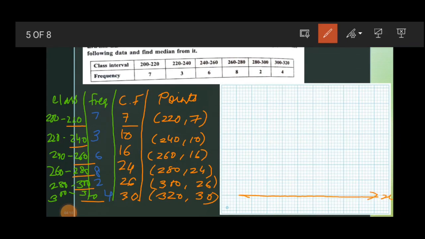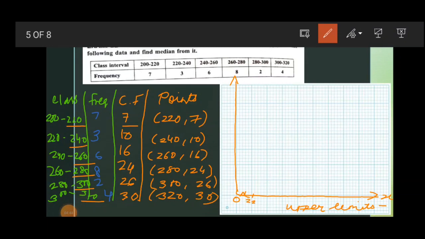Draw x-axis. On x-axis we plot upper limits. Mark point of intersection origin. Draw y-axis.